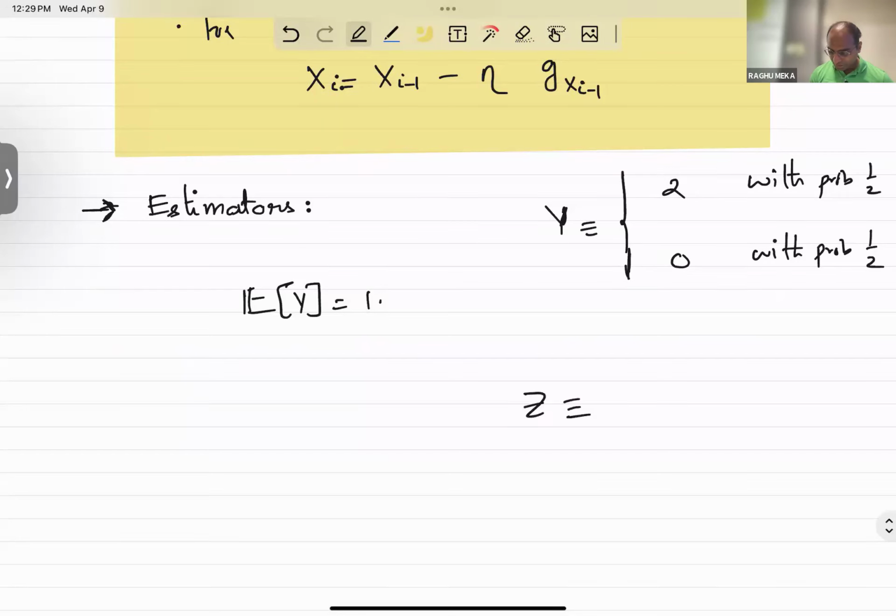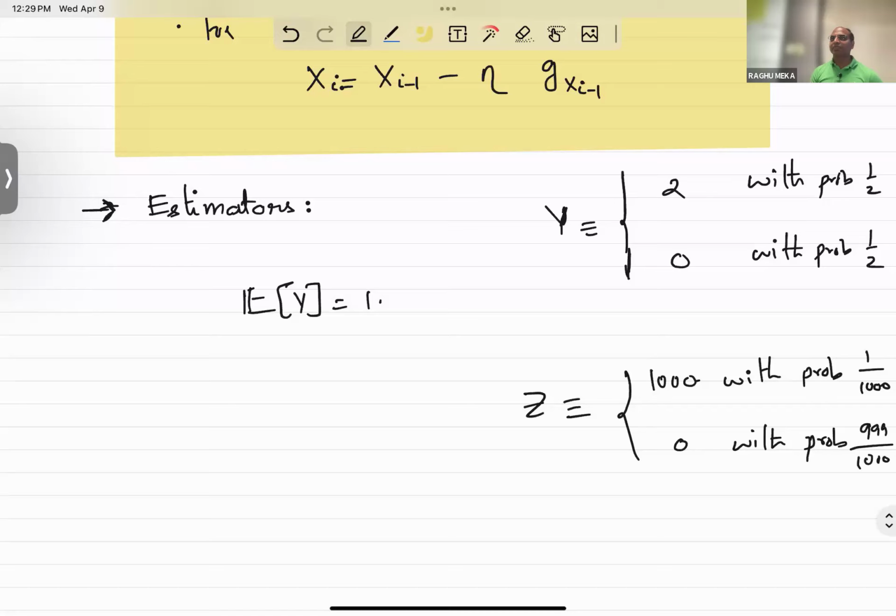And maybe I have another random variable, which is, let's say, 1000 with probability 1/1000, 0 with probability 999/1000. Now the expected value is still 1.